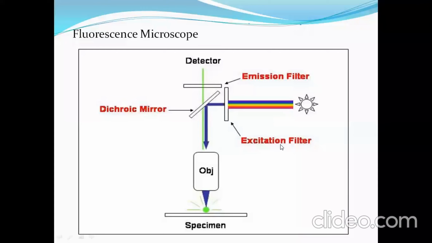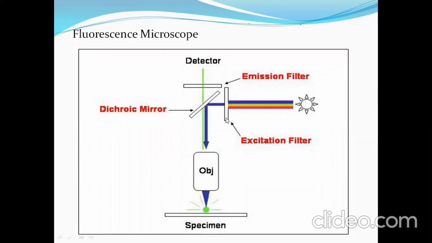Suppose we are using the blue region of light here. Blue is at the lower end of the visible range. Normally we use this blue region or the UV region of light to excite the specimen. So here the blue region of light is required for excitation.